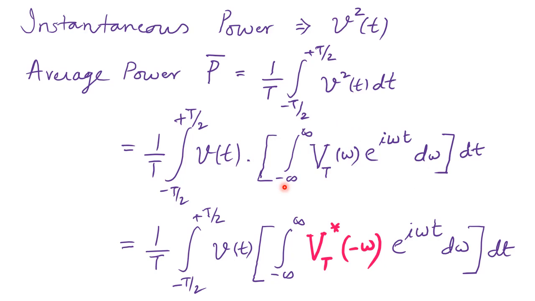So I can write down my v of t as minus infinity to plus infinity Vt omega exponential I omega t d omega, right? Now we do know that the signal that we are talking about is real. Our v of t is indeed real. That would imply that my Vt omega is same as Vt star minus omega, right? So you can see the direction in which I am going.